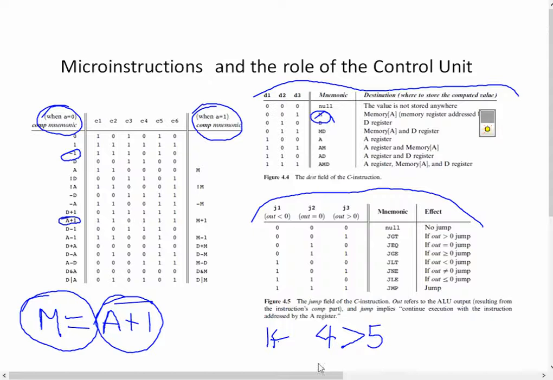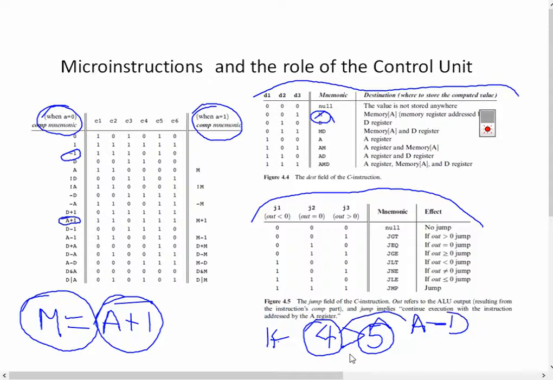Well, how am I going to evaluate that? How do I do that in binary? Well, the simple fact is you can't. So the way that we actually evaluate that is I would put 4 into a register. Perhaps I'm going to put 4 into register A, and I'm going to put 5 into a register, so maybe I'm going to put it into register D, and I want to subtract these two.